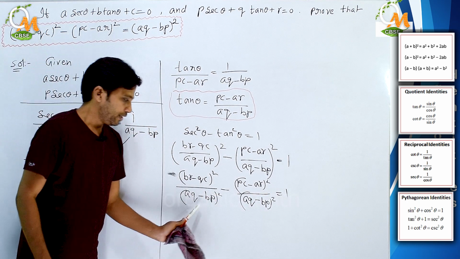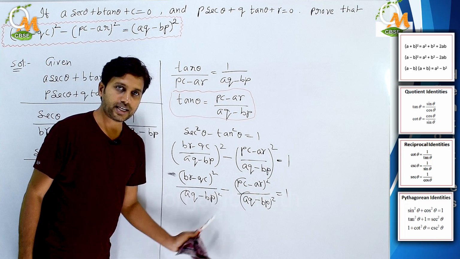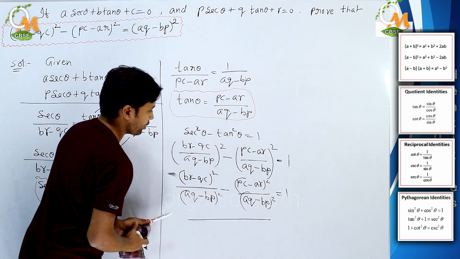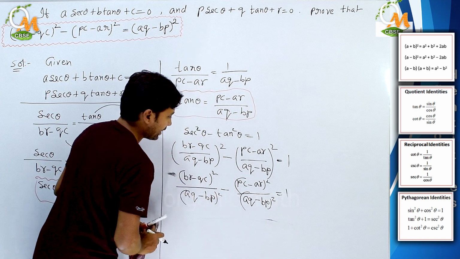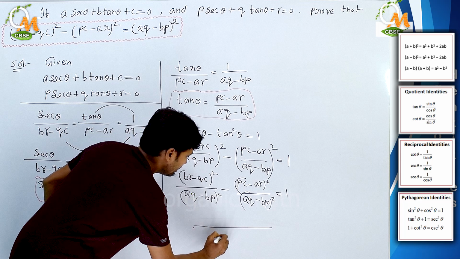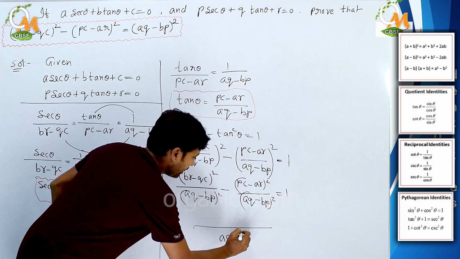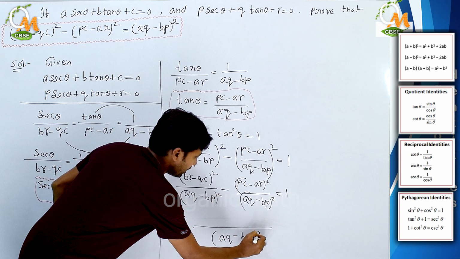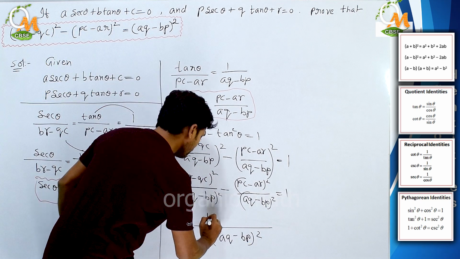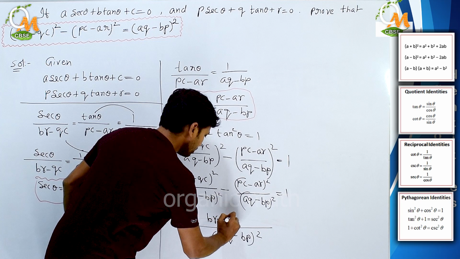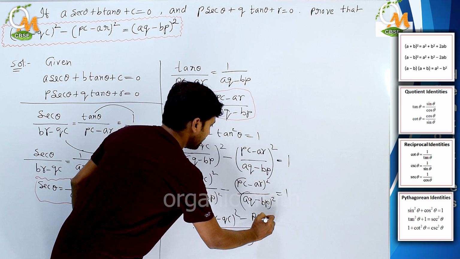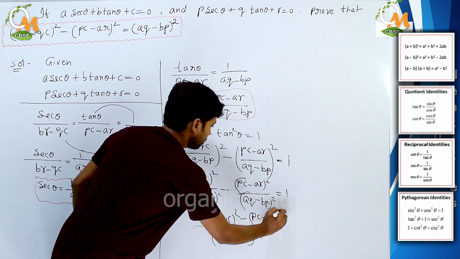If you observe, the denominators are the same, so these are like fractions. We can write the denominator in common, no need to take LCM. The denominator is AQ minus BP whole square, and the numerator is BR minus QC whole square minus PC minus AR whole square.